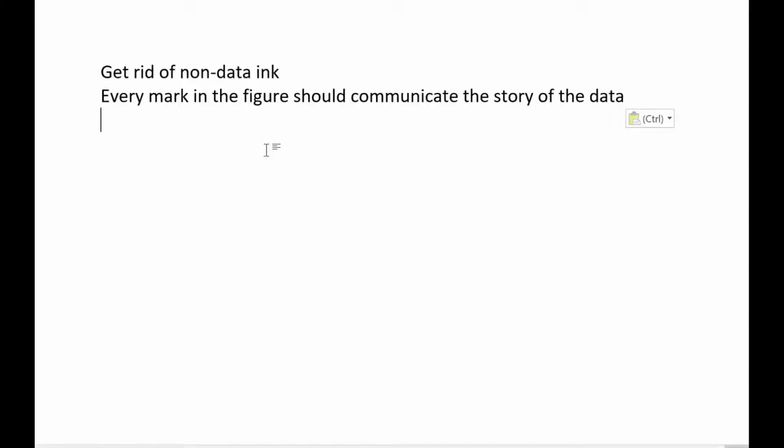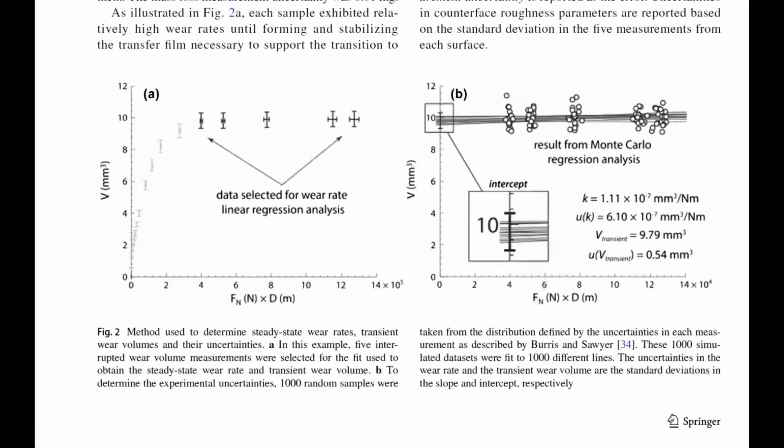Anything that is decorative or is grid lines, background that is not really necessary, interferes with our ability to understand the story that that figure is communicating. This is a very well-designed figure. Everything in here communicates a story. There is no extra. Same with this one.